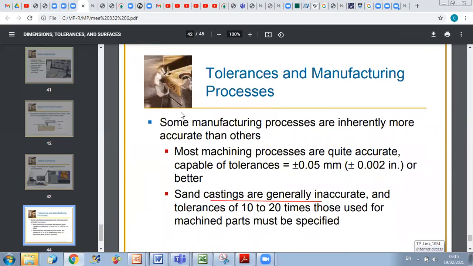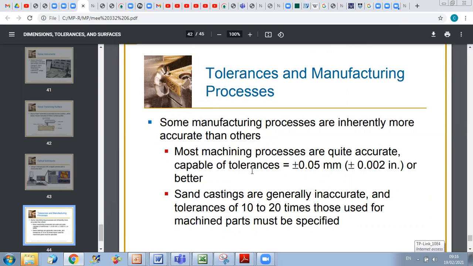Now, concerning tolerances and manufacturing processes, we have already seen that each process will have a certain tolerance. And of course, some manufacturing processes are inherently more accurate than others. Most machining processes are quite accurate, capable of tolerances up to plus or minus 0.05 millimeter or better. Another process that is not very accurate is sand casting.